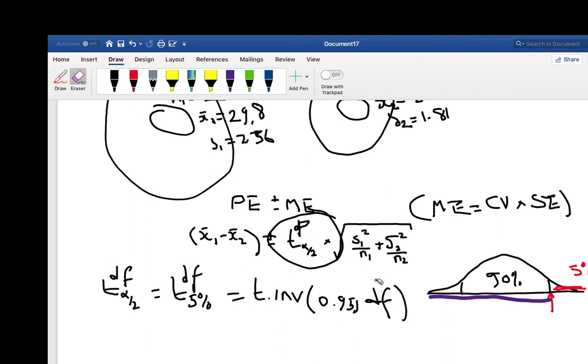So now we can go back and say, okay, this should be 40. Now I can work out the critical value, this part in here.